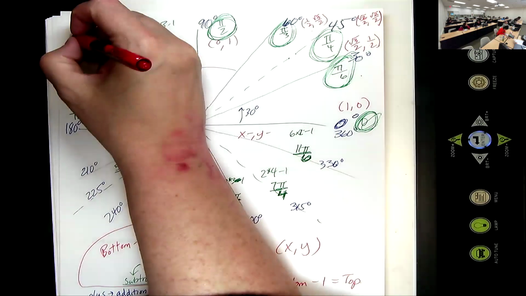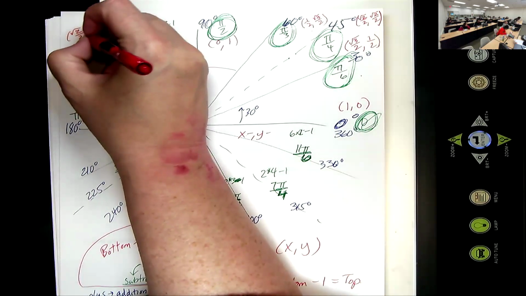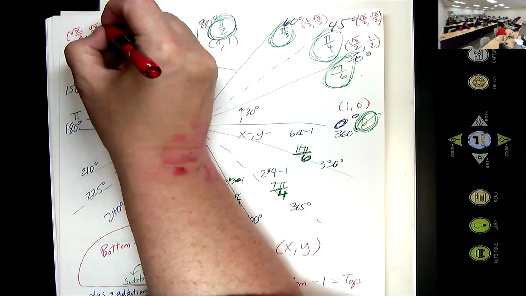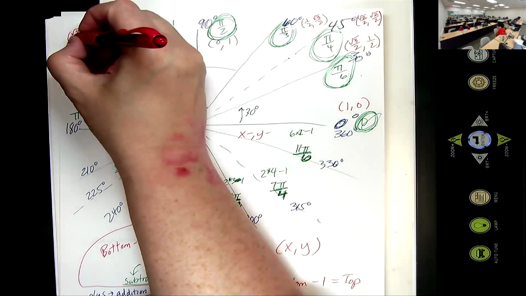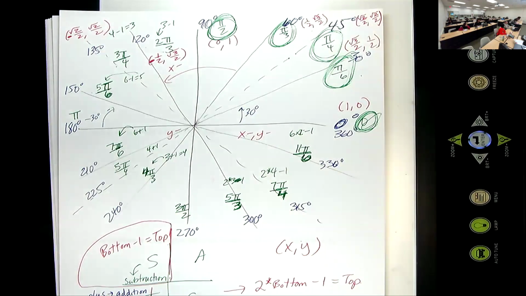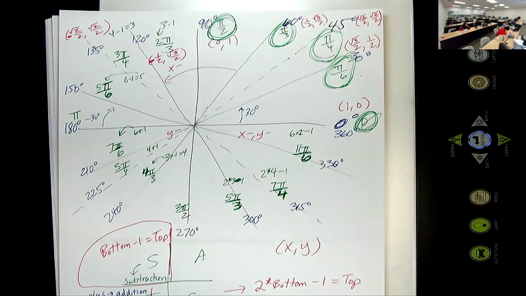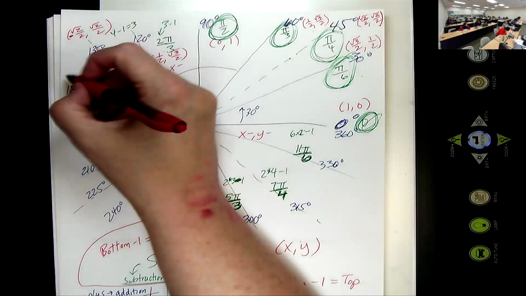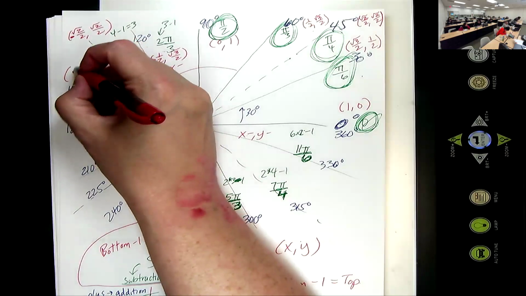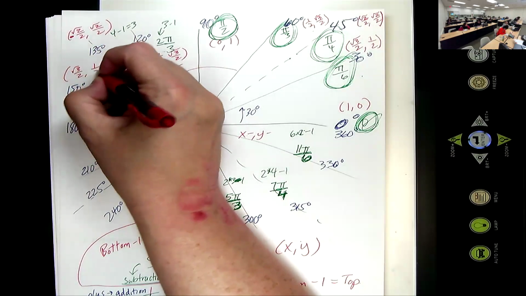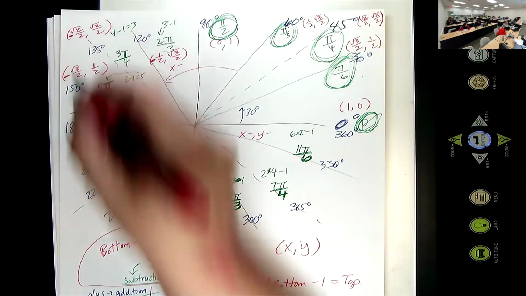So this one is √2. Both of them, the denominator is always 2, and the x value is negative here. So we're gonna go negative there. And finally, this one was √3/2 and 1/2. And we give the x value negative there.